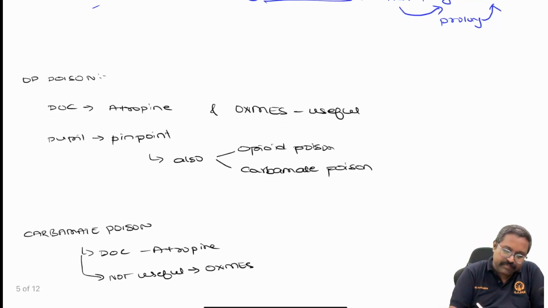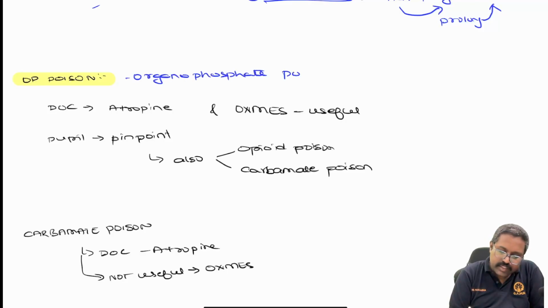Next, coming to some of the very important treatment, that is in case of organophosphate compound poisoning. Basically it is an anticholinesterase. Which type of anticholinesterase?